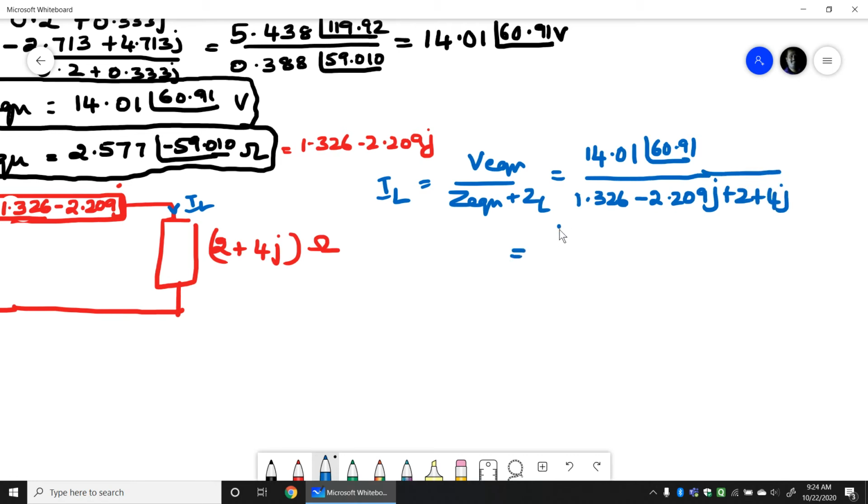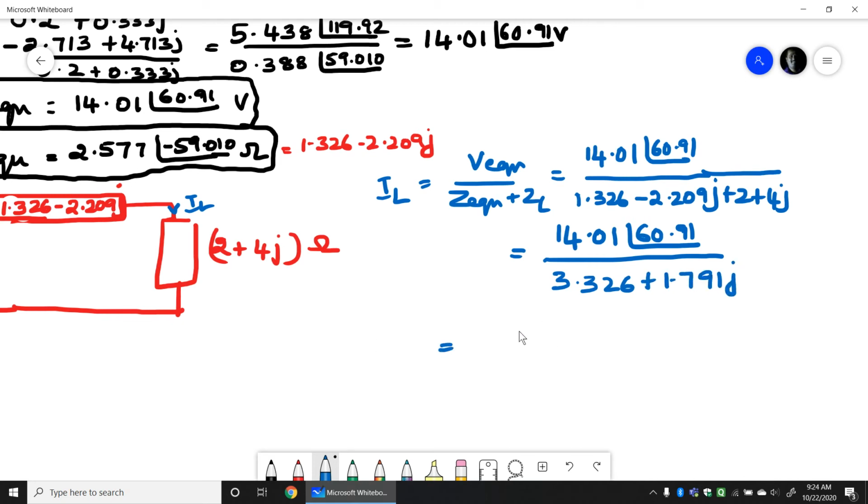So this is equal to 14.01 at an angle 60.91 divided by, if I add 2 with 1.326, I get 3.326, and if I subtract 4 with 2.209, I get 1.791j.